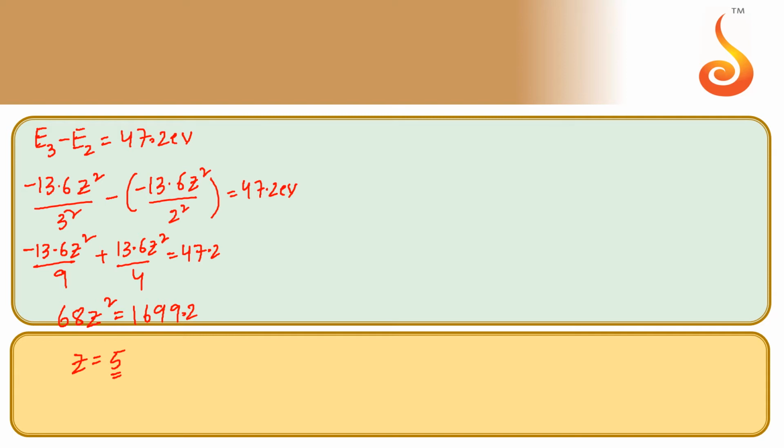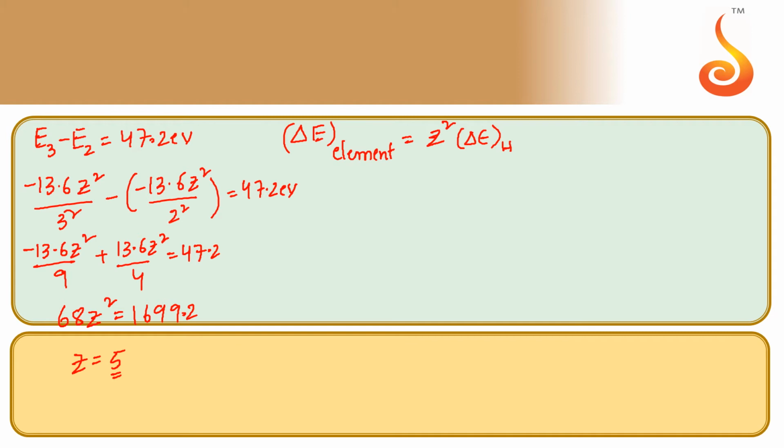We need to calculate option B, that is nothing but the energy required to excite the electron from the third orbit to the fourth orbit. That means the difference of energy of the element is equal to Z square into the difference of energy for hydrogen atom.